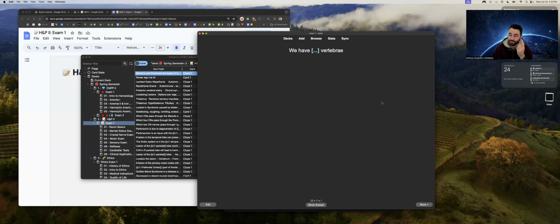So it's 7 cervical, 12 thoracic, so that's 19. 5 lumbar, so that's 24. I think it's 25. 33. Wait a minute. What am I missing here? 33. Does this mean nerves? 33 vertebrae. What am I missing here? Cervical vertebrae, there's not 8. There's 7 of them. There's 12 thoracic for each of the 12 ribs. So that's 19.